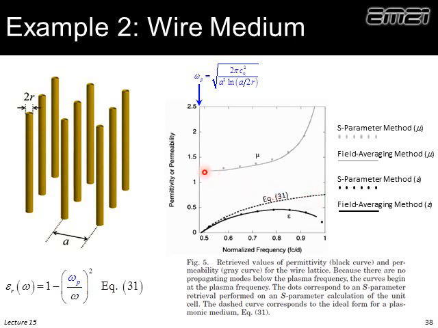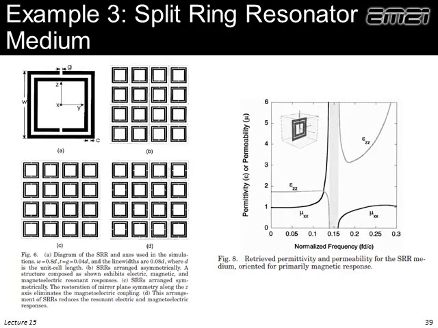And what we see is that the S parameter and field averaging results virtually overlay here, and same thing for the permittivity. So it is working, and we don't have to sort out the branching. The final example here is a split ring resonator, and what we're looking at on the right are the retrieved properties of mu and epsilon.